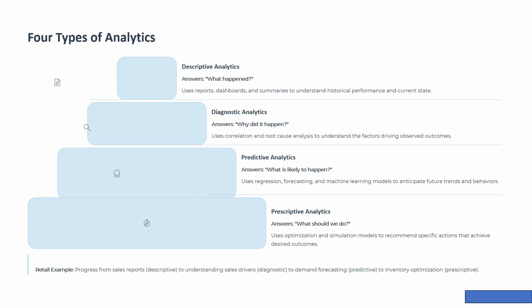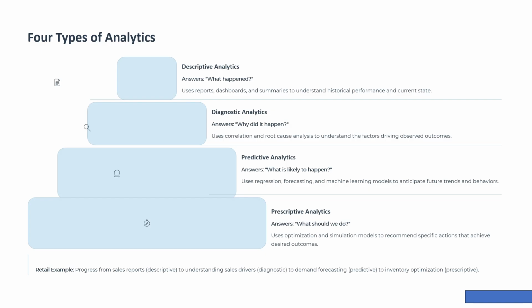Third, predictive analytics. What is likely to happen? In predictive analytics, we use forecasting, regression, or machine learning to estimate future demand, revenue, or churn. Finally, we have prescriptive analytics. What should we do?